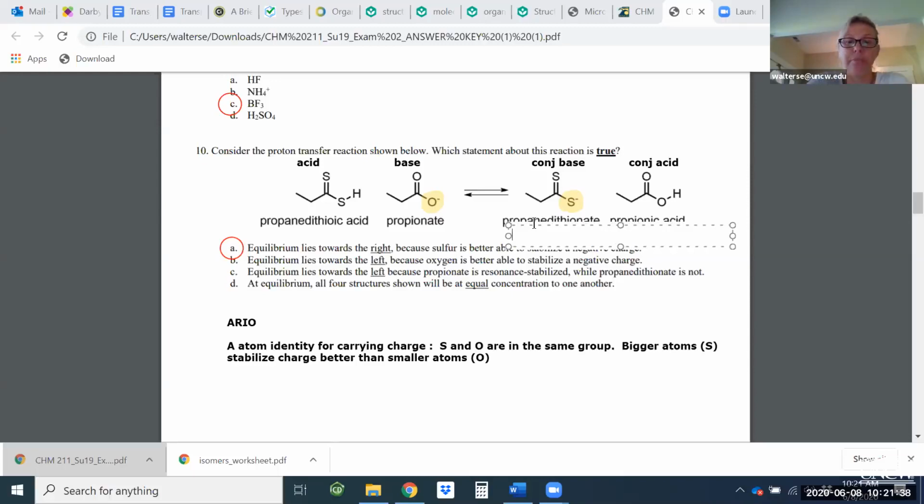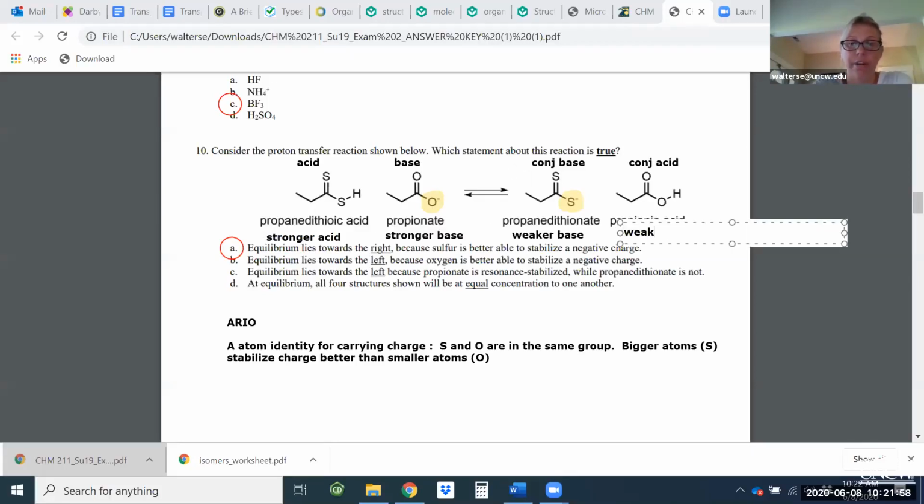Comparing the bases, this is the weaker base, this is the stronger base, this is the stronger acid, this is the weaker acid. Okay, so the direction of equilibrium will always go from the stronger acid to the weaker acid.